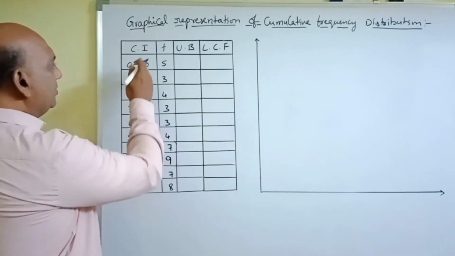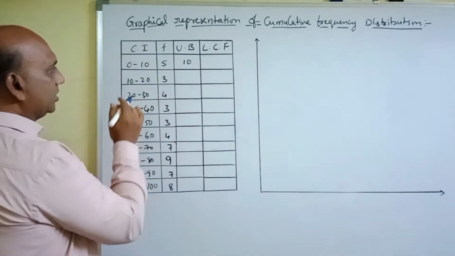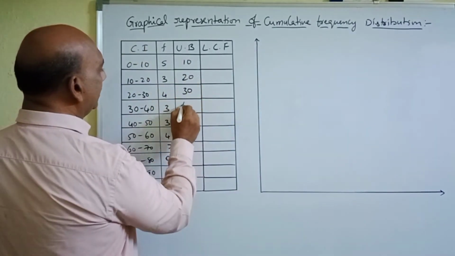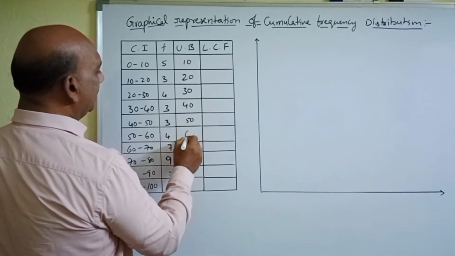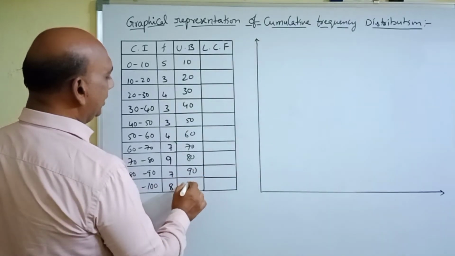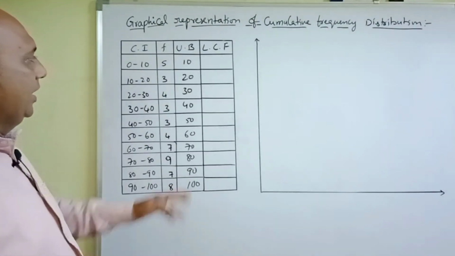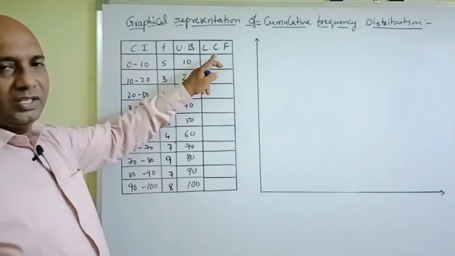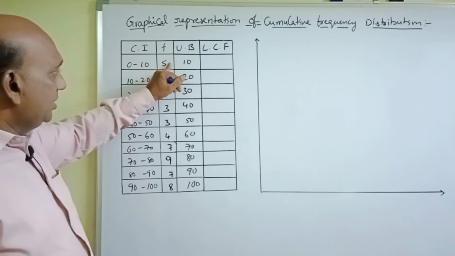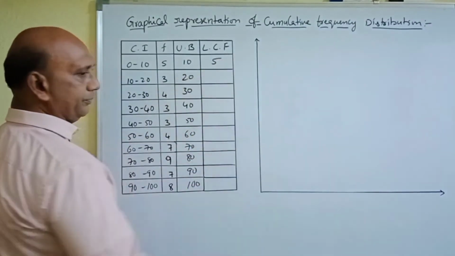Upper boundaries, the right side boundaries, are 10, 20, 30, 40, 50, 60, 70, 80, 90 and 100. And less than cumulative frequencies means, first of all, take the first frequency 5.